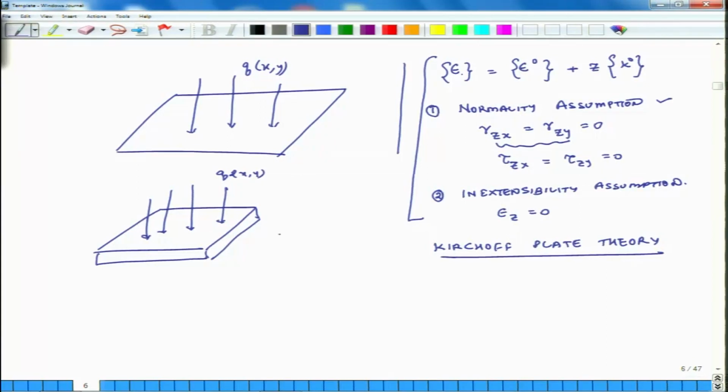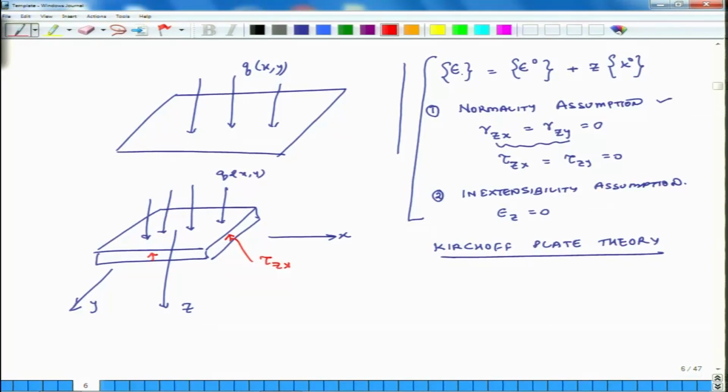So this is my x axis, this is my y axis, and this is the z axis. Based on the sign convention, what is tau zx? Tau zx will act in this direction. This is tau zx. And what is tau zy?